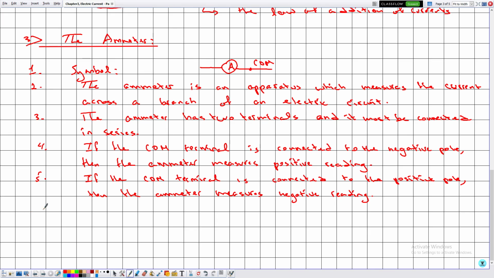Now idea number 6: there are two types of ammeters.